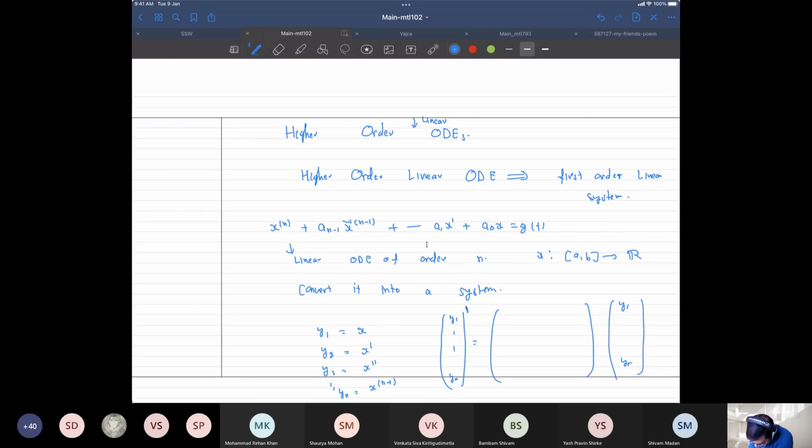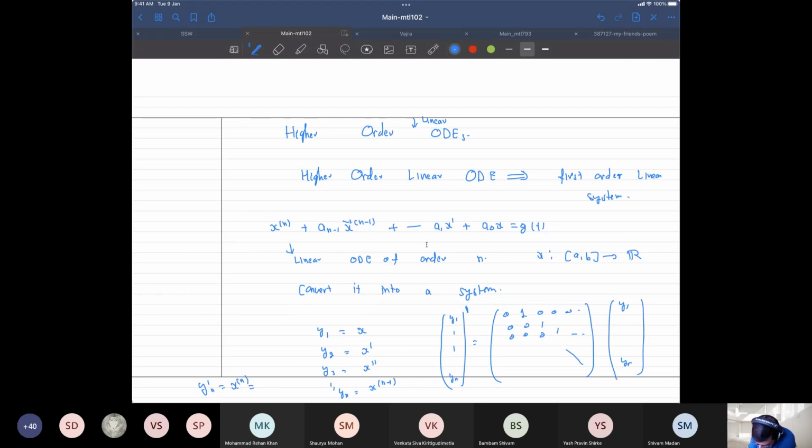So this is y1 prime, so this is y1 to yn, and now you can just fill in the coefficients. So y1 prime will be basically y2, so this will be 0 1 0 0 0. So you will get 0 0 1 0 0 0 1 and so on and so forth, except the last row. In the last row you get yn prime, which is x^(n).